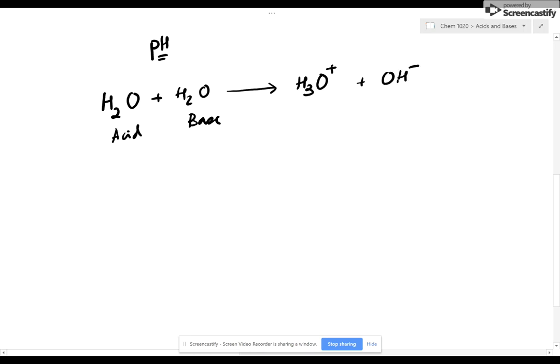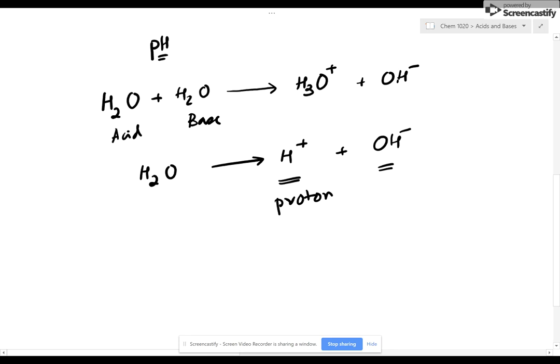Now if you simplify this, you could also write this equation as simply one molecule of water losing a proton and then generating its conjugate base. So either way you look at it, you're going to form a positively charged species and then a negatively charged species. And the positively charged species can be written in the form of a proton, okay?